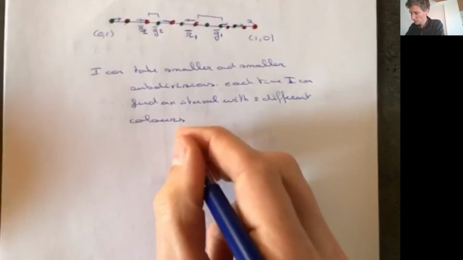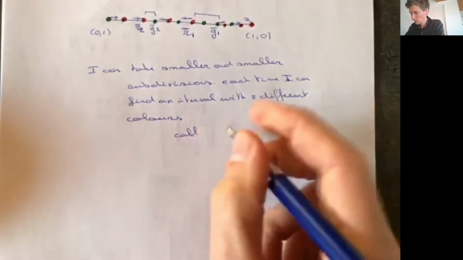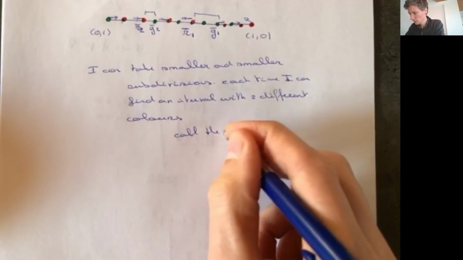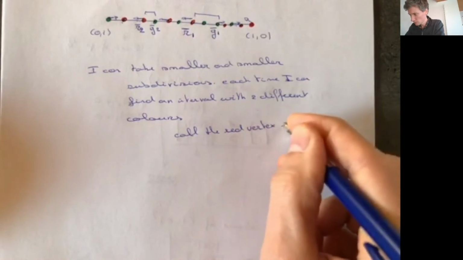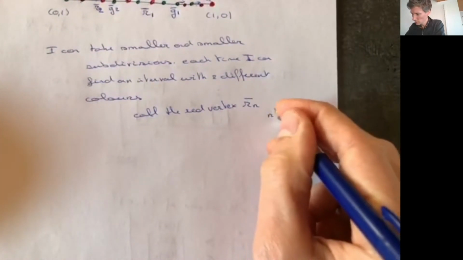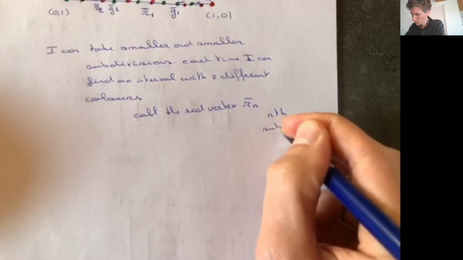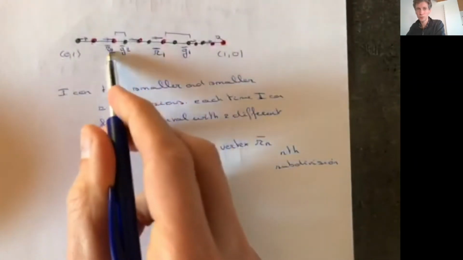So call the red vertex Rn, right? So this is for the nth subdivision, right? So this was the first subdivision, then I took smaller intervals, so I have a second subdivision, then I took smaller intervals, then I have a third subdivision, and so on.